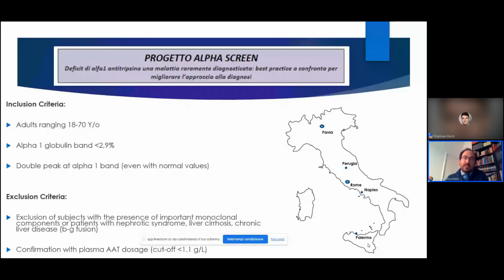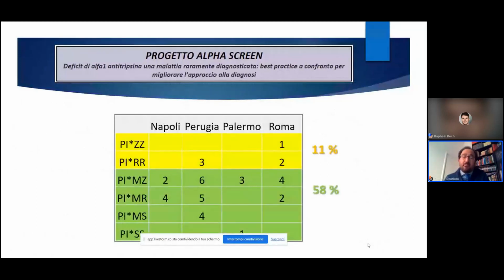And what we did is just replicate the design of the previous study, using as a threshold the alpha-1 globulin band below 2.9%. And again, what we found is about a 60% detection rate for all kinds of mutations, and an 11% detection rate for severe homozygous deficiencies.